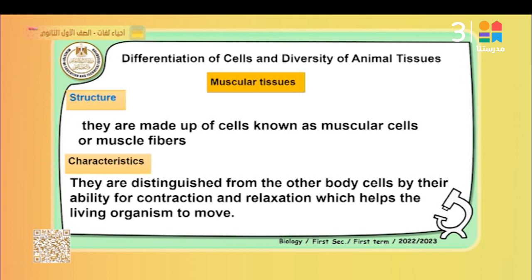They are distinguished from the other body cells by their ability to contract and relax, which helps the living organism to move, maintain posture, stand up, bend, and make a vigorous effort that leads to contraction and relaxation and needs energy. That's right.